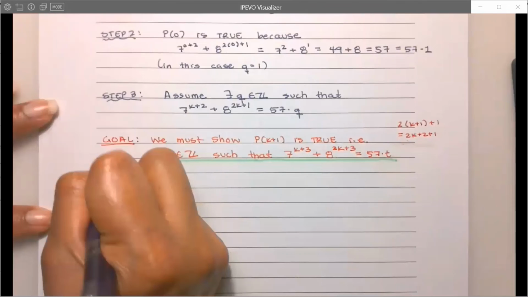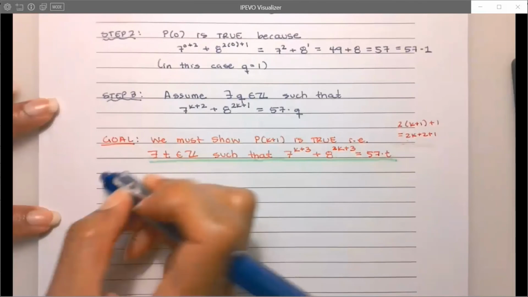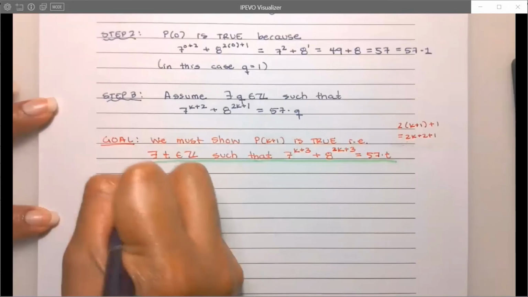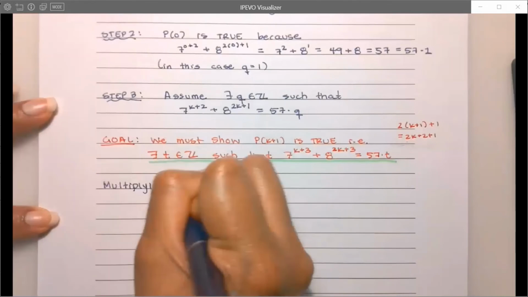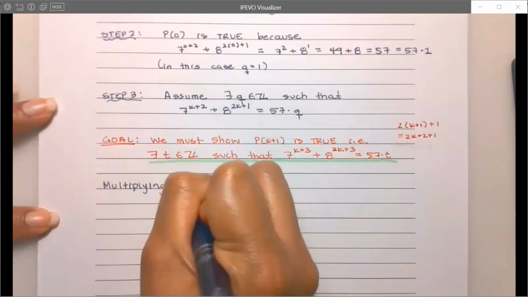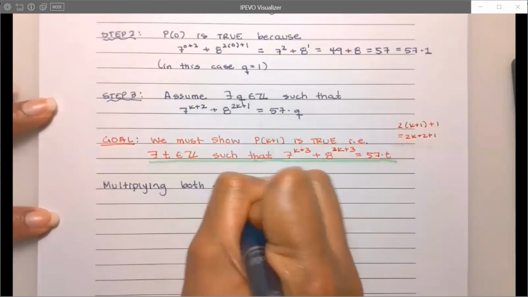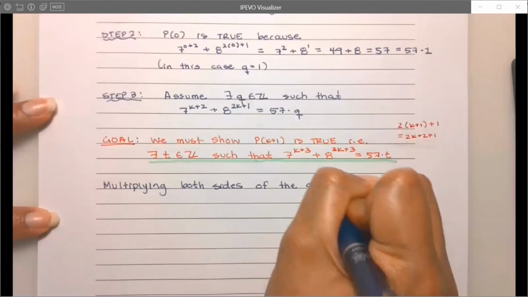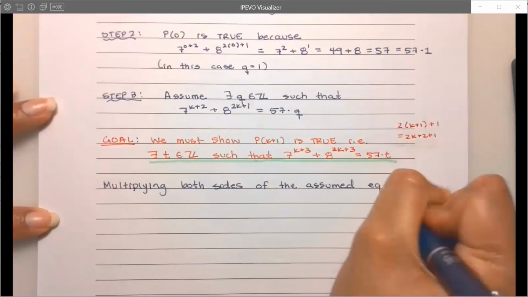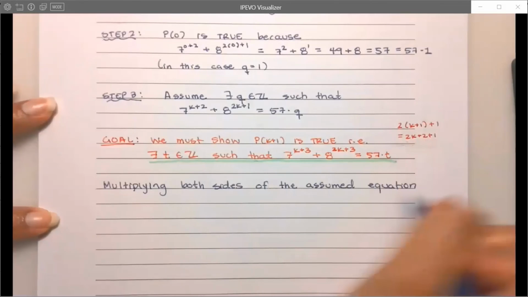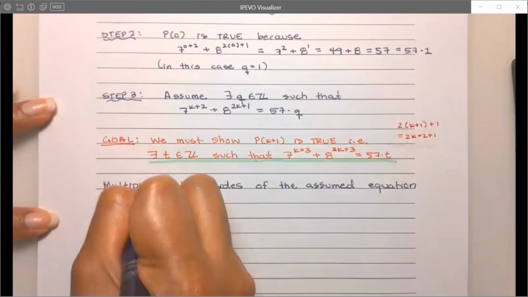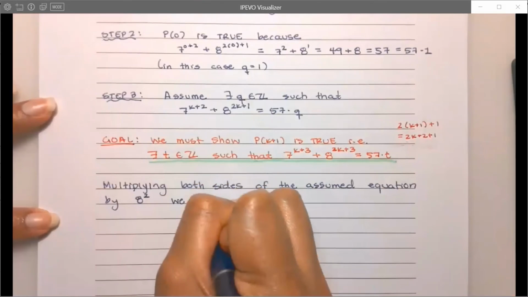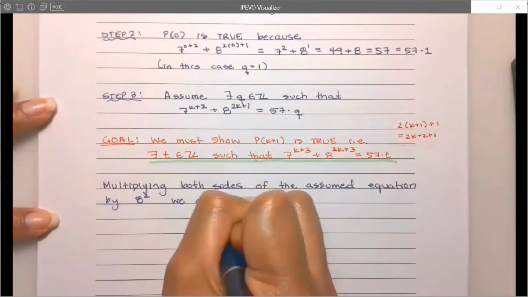By assumption, or actually let me just say multiply both sides of the assumed equation by 8 squared, and we're going to obtain the following.